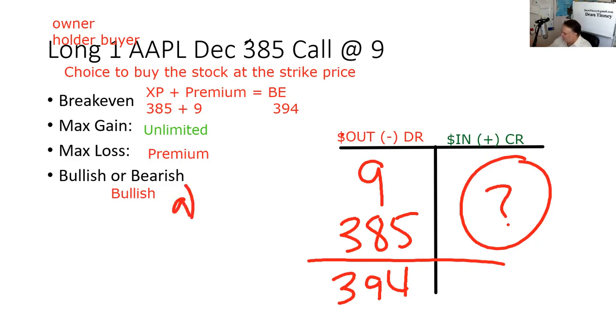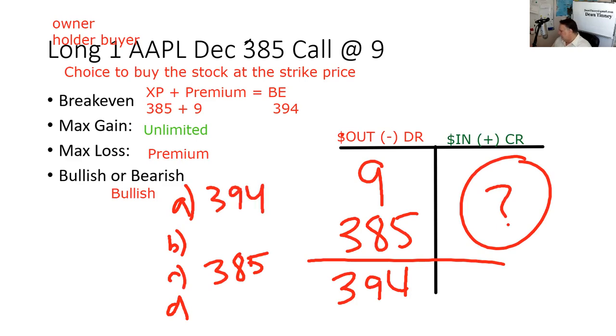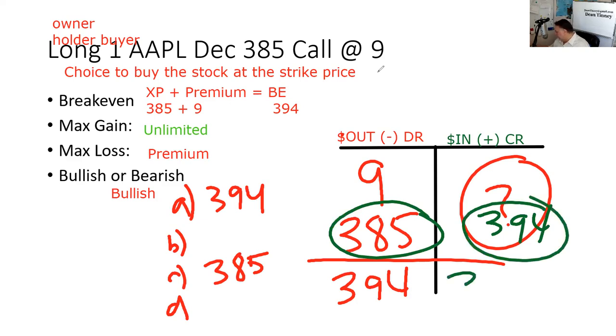Now, if you get good at the T, you don't have to memorize, you can just track the answer set and look for an answer that would make it balance. So, if I buy the apple at $3.85 and I sell it at $3.94, I'd make 9 points. I spent 9 points. I break even.